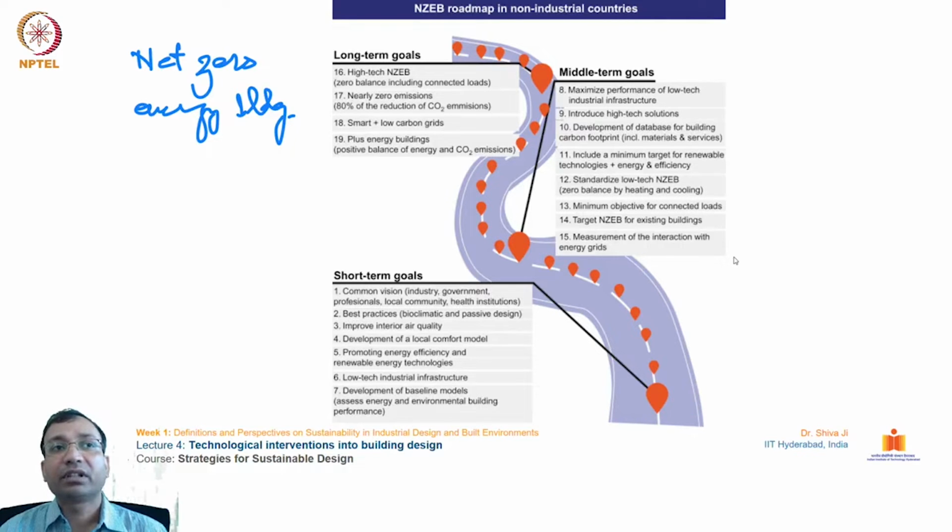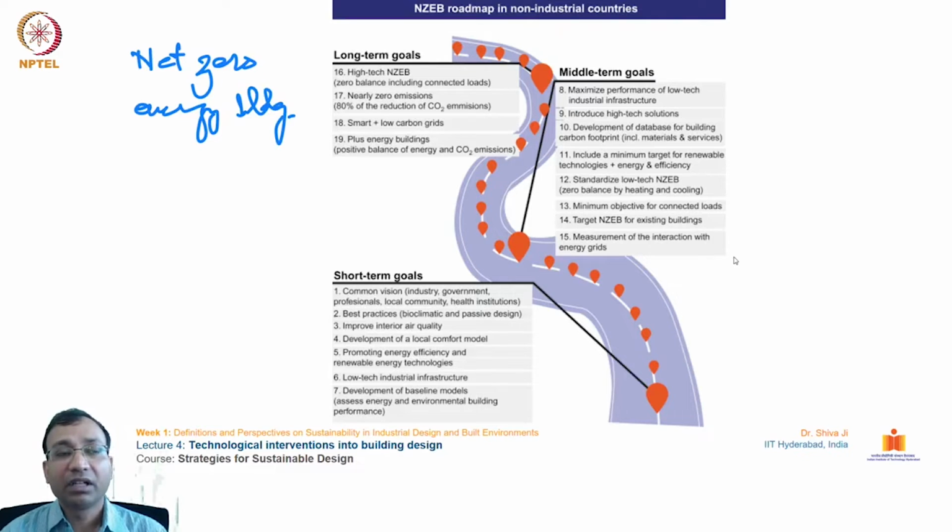In non-industrialized countries like ours, which are still not in the league of the advanced countries, how can these efforts result in some advantages? Let's see if there are long-term goals, middle-term goals, and short-term goals, and how this whole phenomenon will unravel.